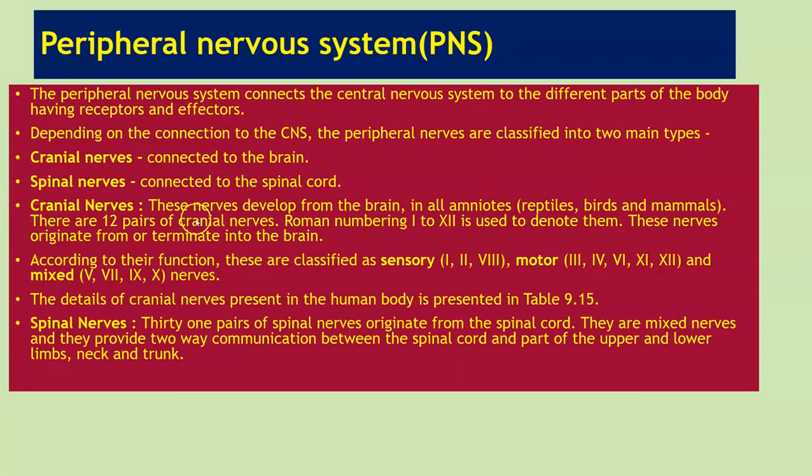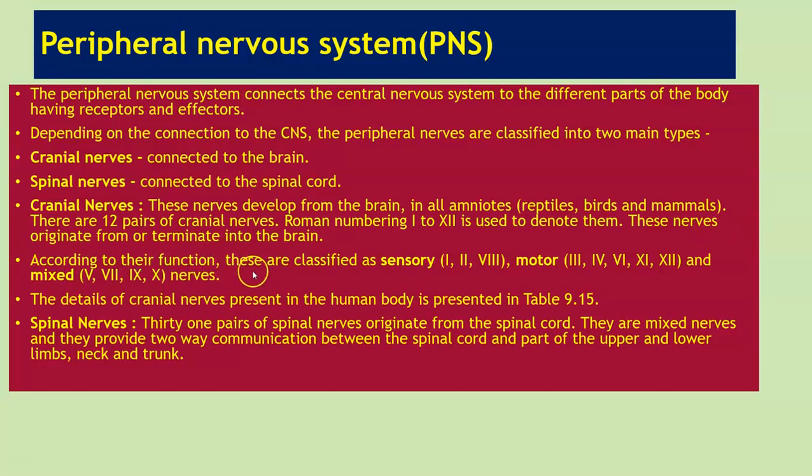Let us see the cranial nerves. These nerves develop from the brain in all amniotes, that is reptiles, birds and mammals. These are 12 pairs of cranial nerves. Roman numbering 1 to 12 is used to denote them. These nerves originate from or terminate into the brain.